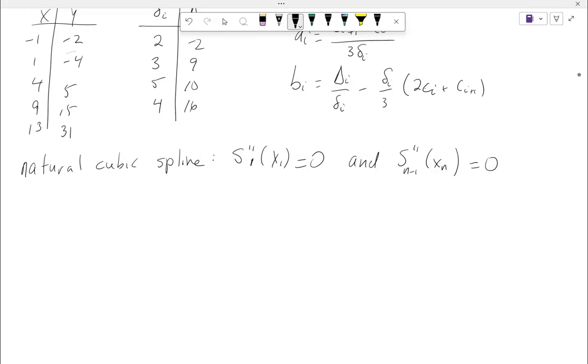I changed up my numbering a little bit because the way I developed it in class 2 weeks ago is different than the way they developed it in your textbook, because I just thought it was a little bit easier to see what was going on. But the idea here is that the curvature at the leftmost point is 0, and the curvature at the rightmost point is 0. That's what we mean by a natural cubic spline.